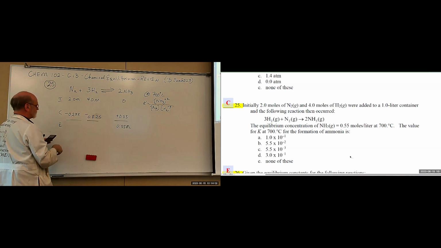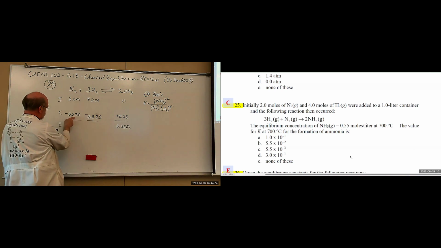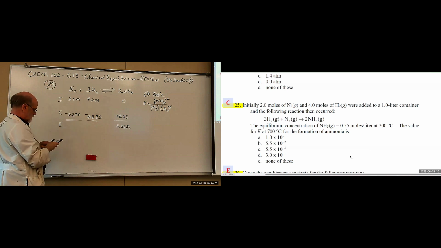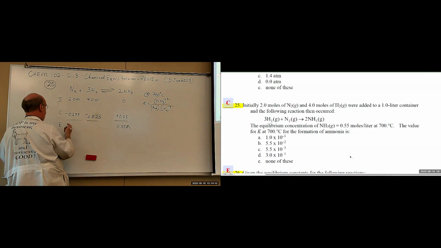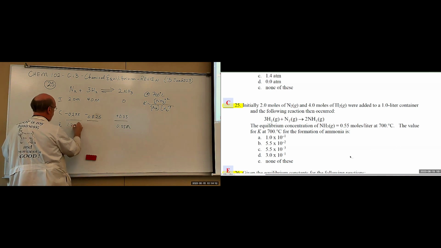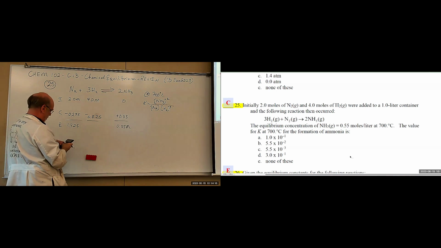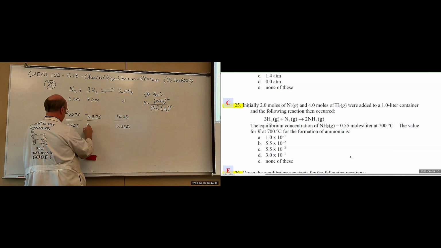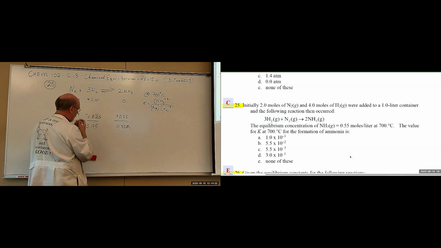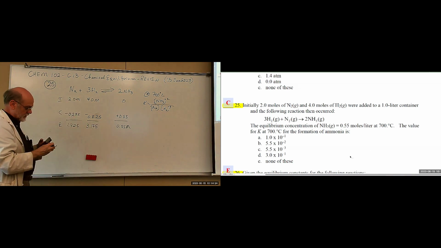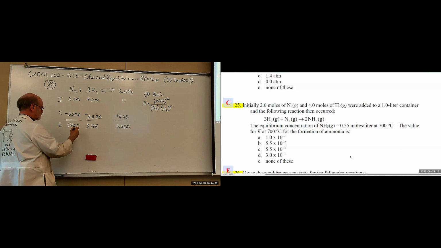Now I need to subtract this one from 2, which is 1.725. And subtract this one from 4. There we go. Now we have our concentrations at equilibrium.